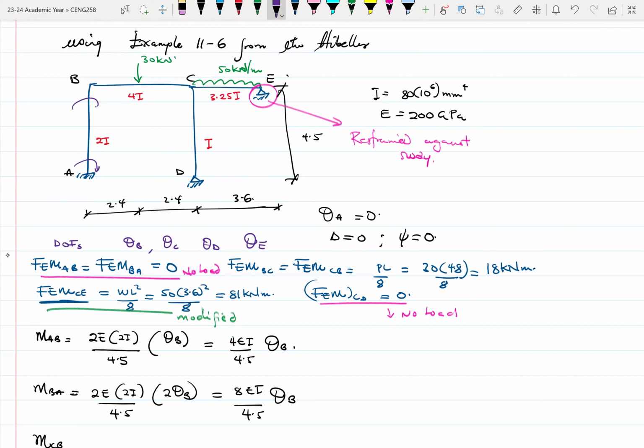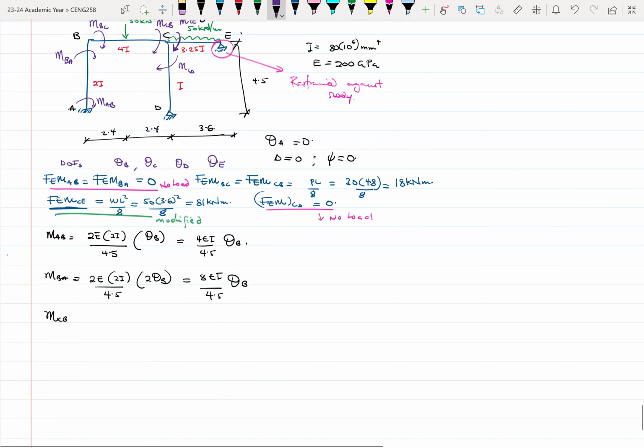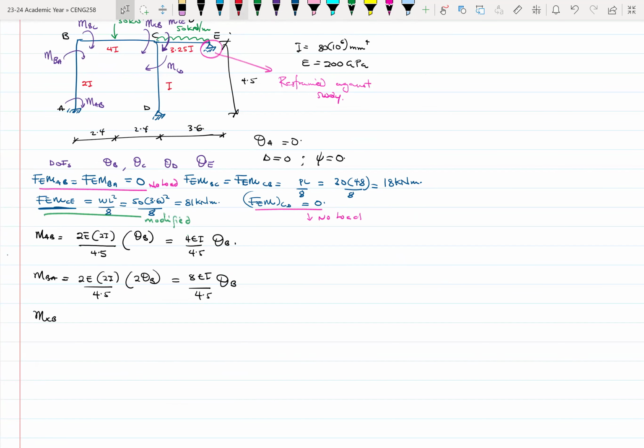So these are the moments we are looking for: MAB, MBA, MBC, MCB, MCD, MCE. This one will be 0, so we don't even need to show that. We don't know what they are, so we need to find them.